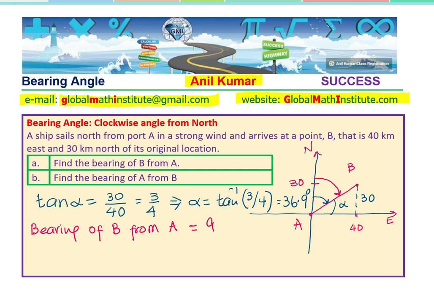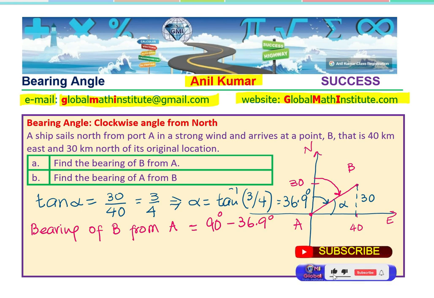That is going to be 90 degrees minus 36.9 degrees. Makes sense? Correct? So we take away this angle from 90 degrees, and we get 53.1 degrees.